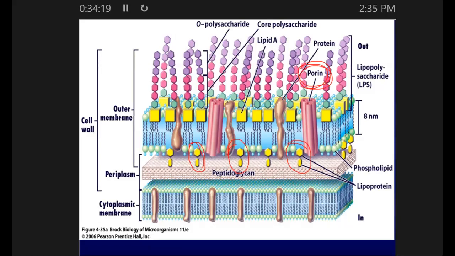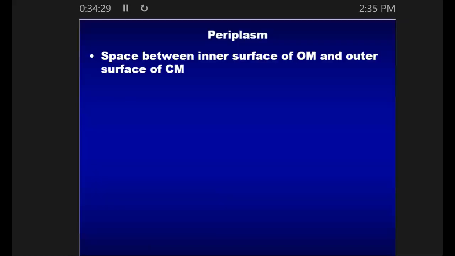And so this region where the peptidoglycan is located, that's called the periplasm. You can't really show everything that's going on in that image, you get too busy. But the periplasm region is actually a very active area, in the sense that there's a lot of enzymes and proteins, transport proteins, lots of stuff going on in here.